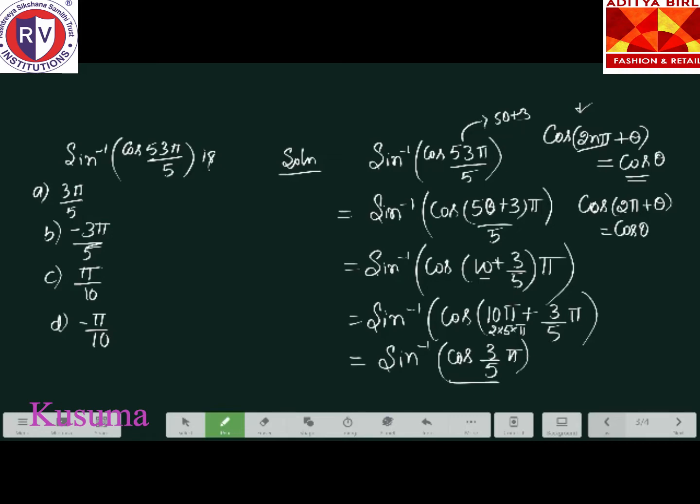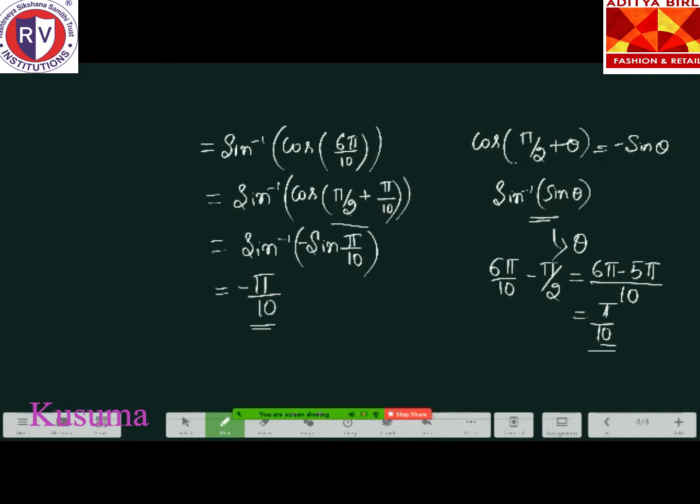So here, what we will do is we will just multiply and divide this 3 pi by 5 by 2. That is, we are doing 3 pi by 5 into 2 divided by 2. That will be equal to 6 pi by 10.